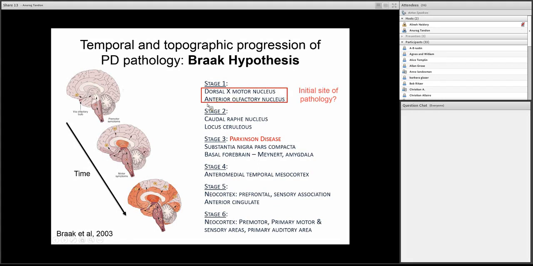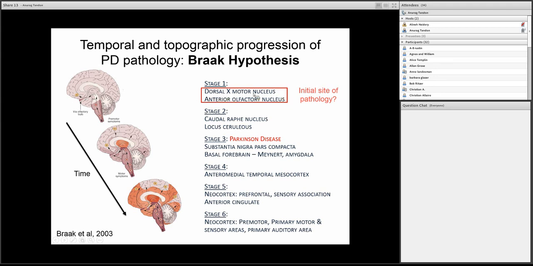The vagus is a peripheral nerve that controls a number of different features of your normal living, particularly things like heart rate. It'll also control gastric motility. And the cells of the vagus are located in this particular nucleus of the brain called the dorsal motor nucleus.